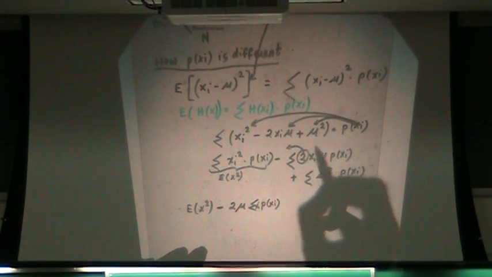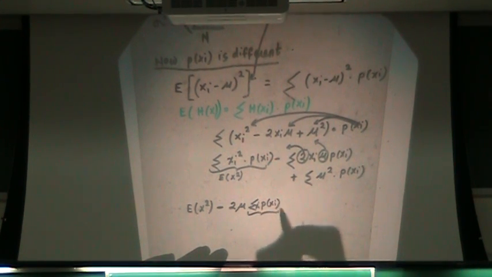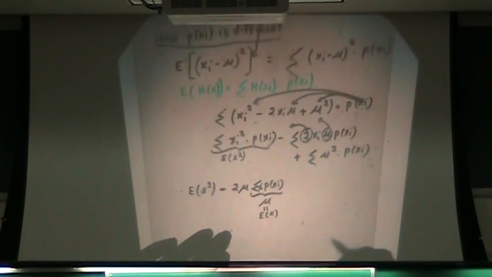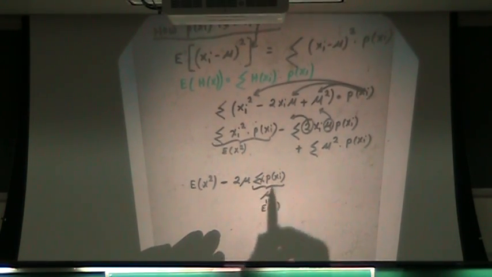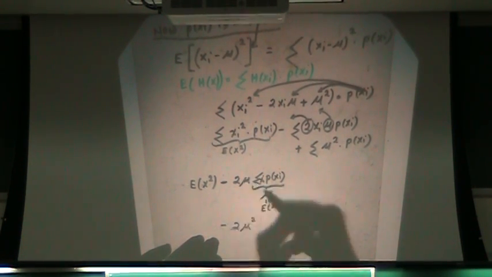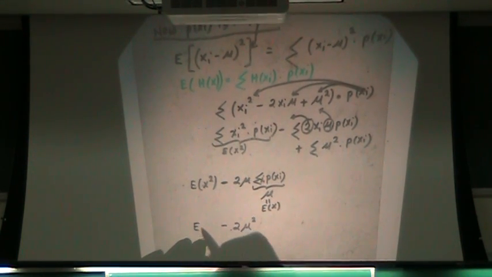I pulled out this 2 and I pulled out this mu. So summation xi P of xi is just mu. That's another way of saying E of x. So this term, all said and done, is minus 2 mu squared, because I have a mu here and this is also mu.